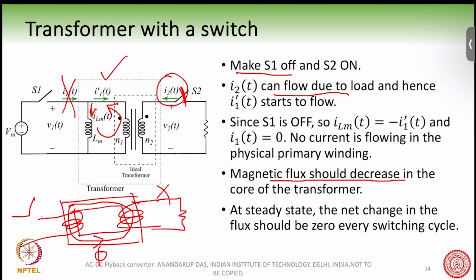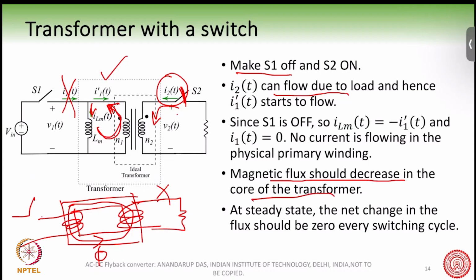The flux will fall, and you can see it is exactly following the dot convention, because the current is now going out of the dot terminal, so this will flow like this. So magnetic flux should decrease in the core of the transformer.